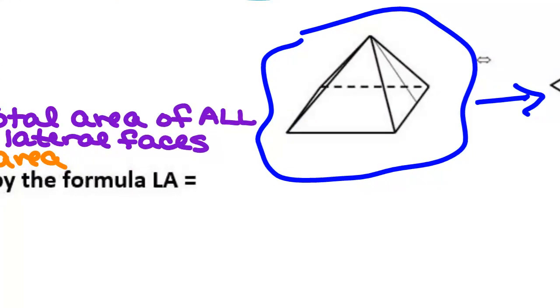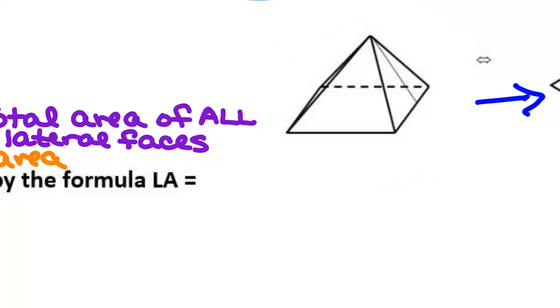And the lateral area is 1/2 perimeter times slant height.